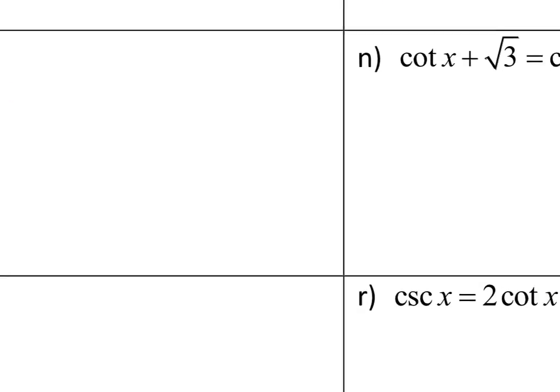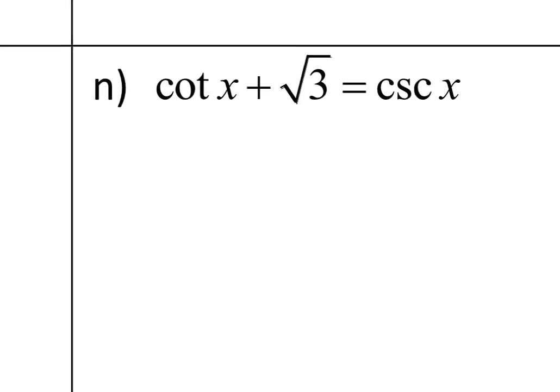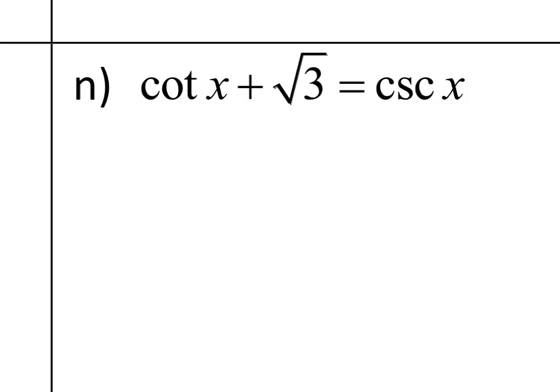Now in problem N, I look at this problem and I think, well, I know that I've got an identity that says cotangent squared plus 1 equals cosecant squared. But in that case, both the cotangent and the cosecant are squared, and in this equation, neither of them is squared.